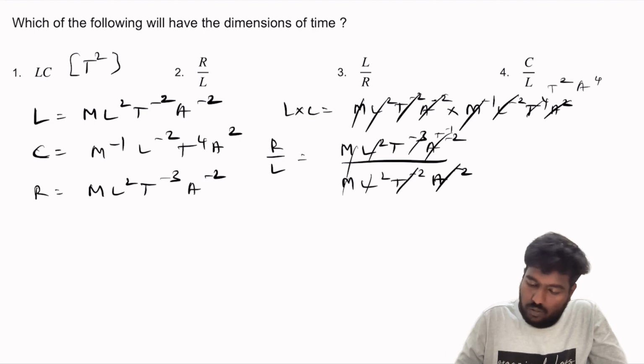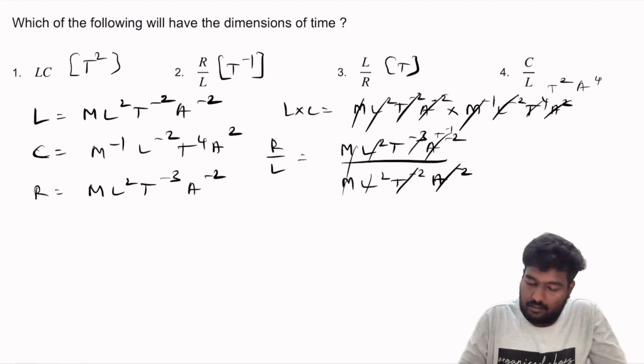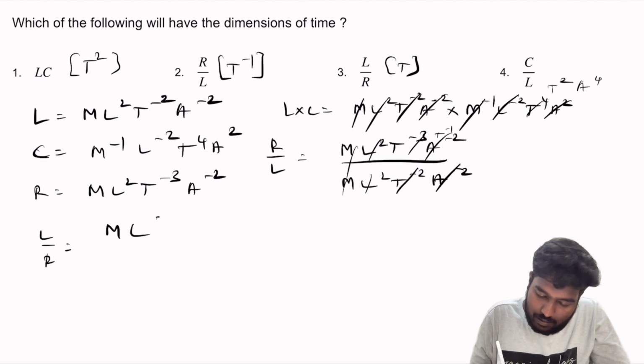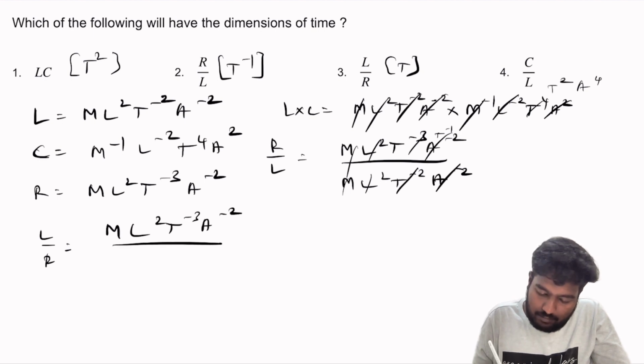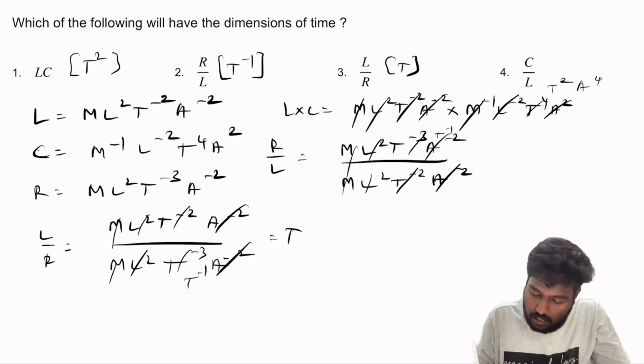So you will have T power minus 1 for R by L, which means that L by R you will have T. Okay. So this has the dimension of T.